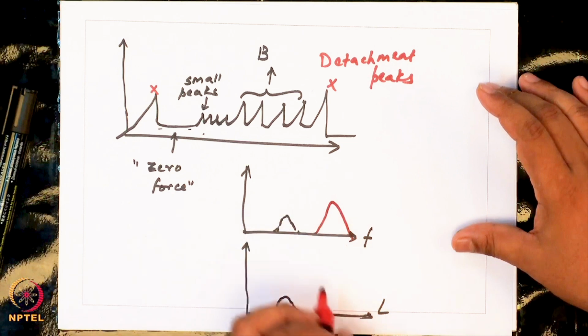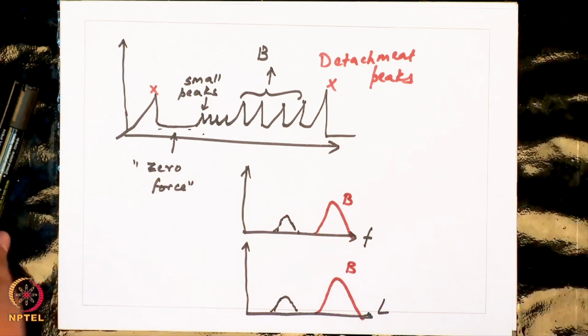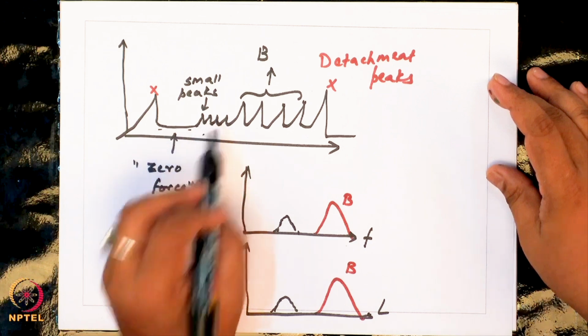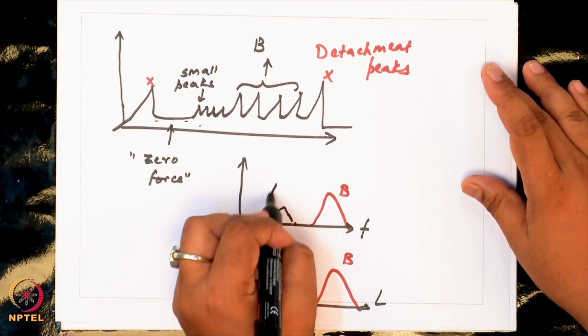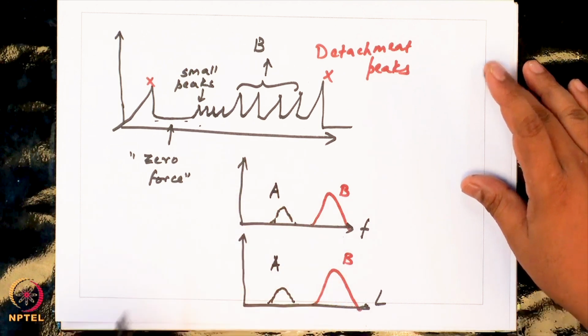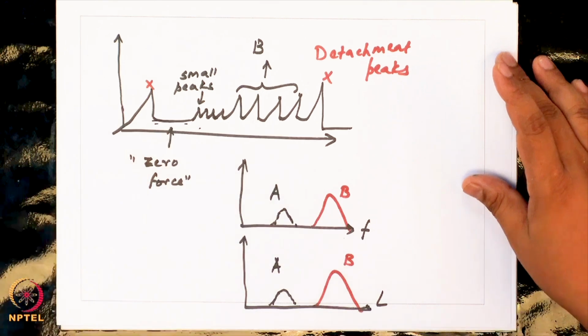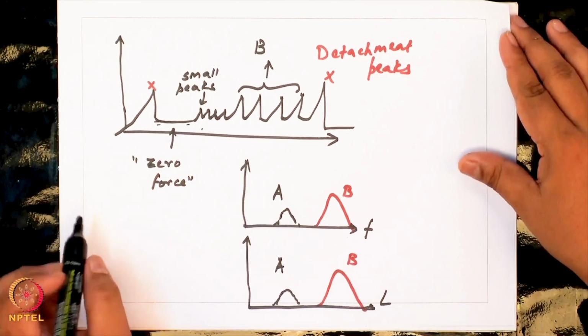Let me also draw it for B. This is for B, and you have 2 zones: one zone of 0 force followed by these 4 peaks. So, I can assign this force peak and length peak to A partly, but you still have this small zone where the force is 0 and the domain is getting stretched.